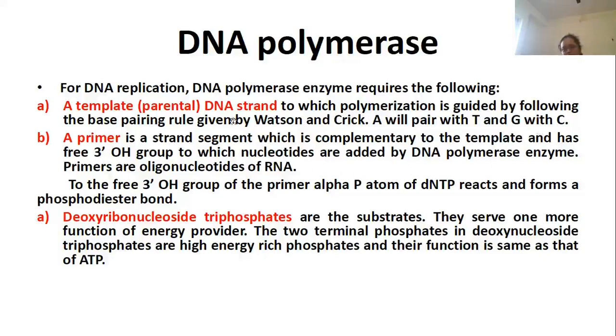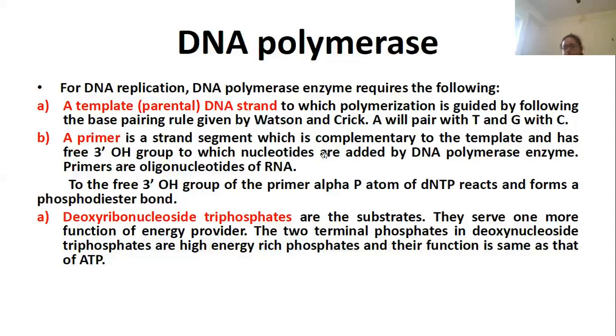Obviously, a template or parental DNA strand is required for the synthesis of the complementary strand by hydrogen bonding between the nitrogen base pairs, and this base pairing will be governed by the rules given by Watson and Crick. So it means that A will pair with T and G will pair with C in the formation of the complementary DNA strand on the parental DNA strand.